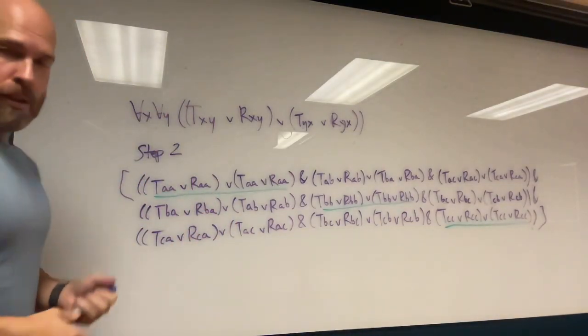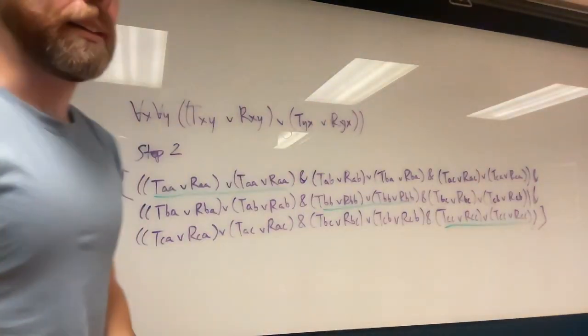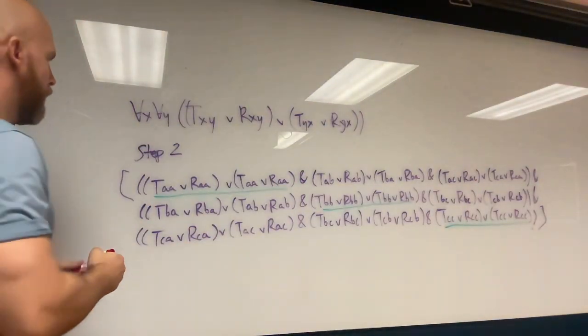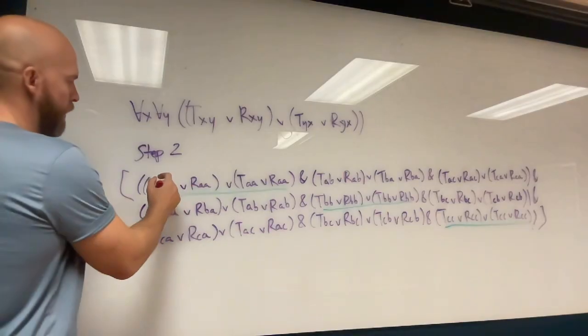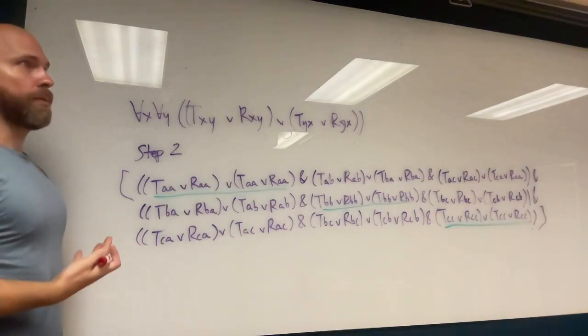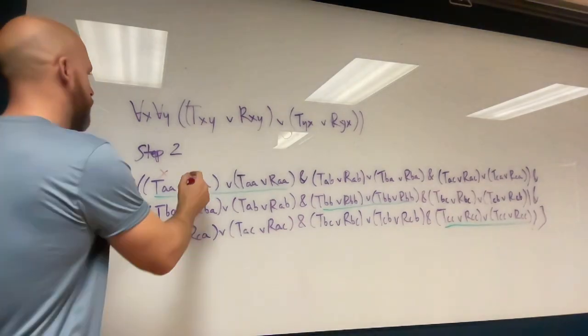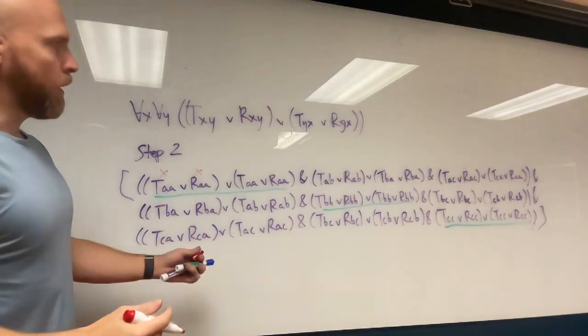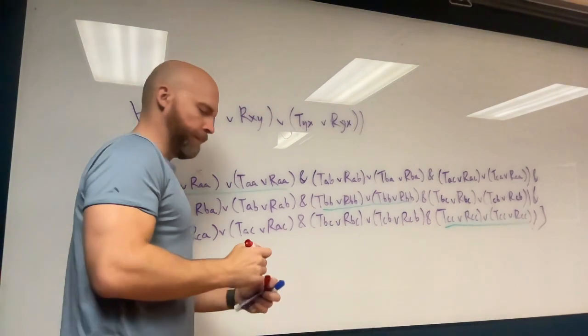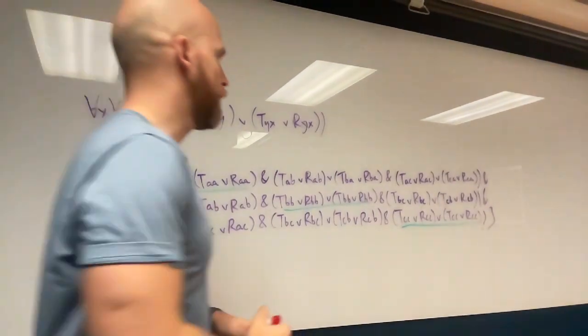We've expanded it, so you can just eyeball it and say, is it the case in our finite domain, or our interpretation, that TAA or RAA is true? Is A taller than itself? No. Is A related to itself? No. Okay. Well, look. This was a conjunction right here.